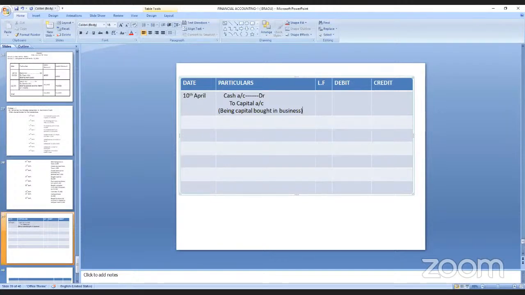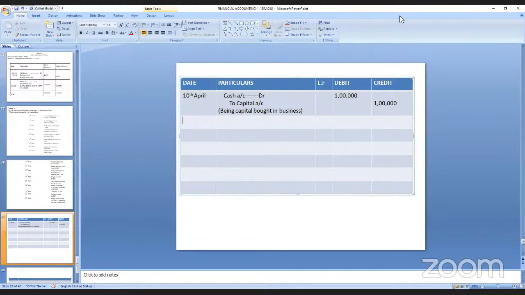Any doubt? No, ma'am. So what is the amount? 1 lakh. Understood? Yes, ma'am.